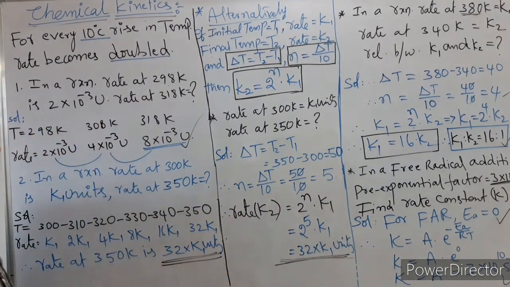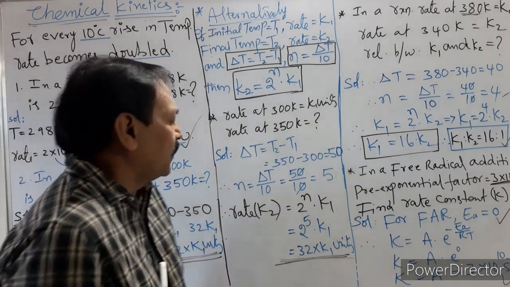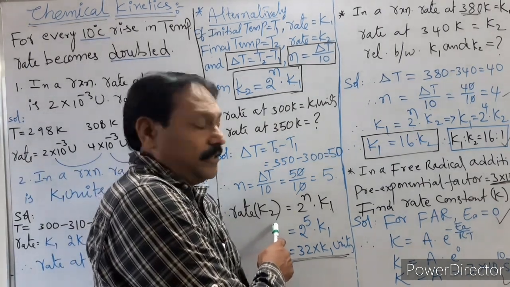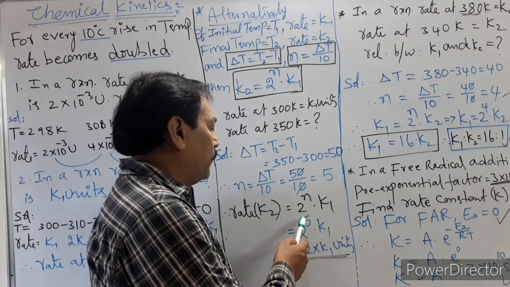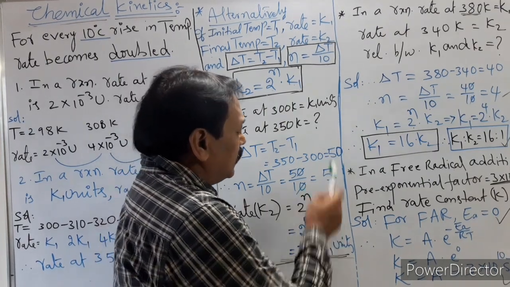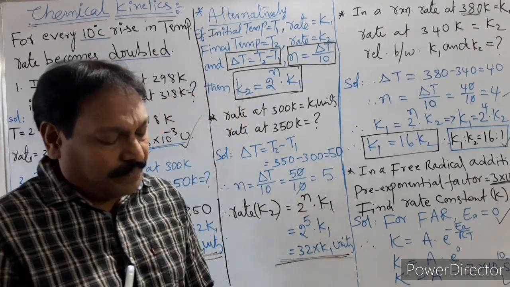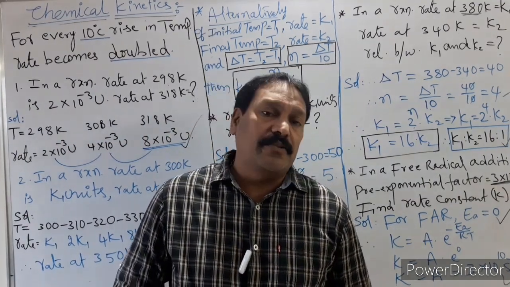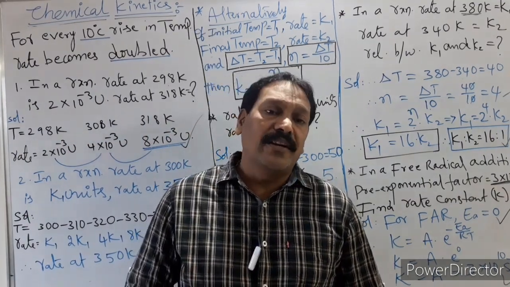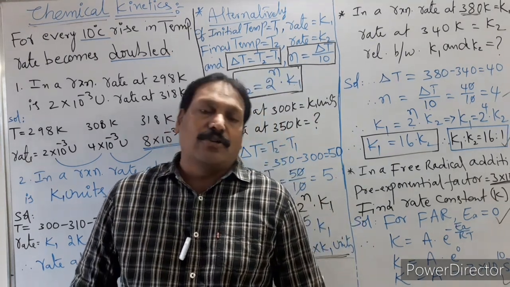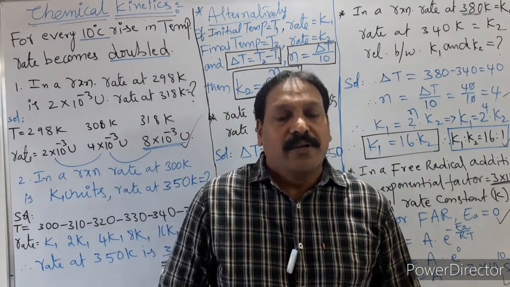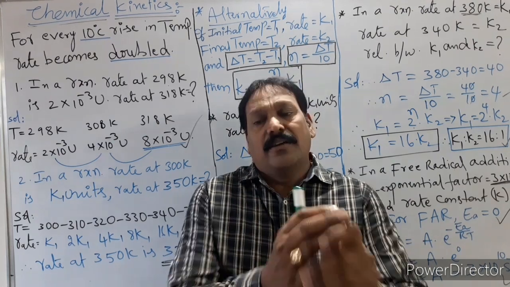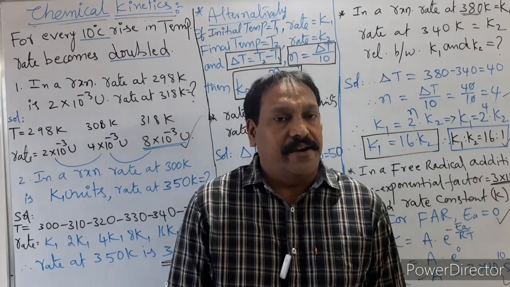The simplest formula is that the final rate K2 is equal to 2 power n into initial rate K1. For every 10 degrees rise in the temperature, the rate becomes doubled. If we increase n times, the final rate is 2 power n into the initial rate.